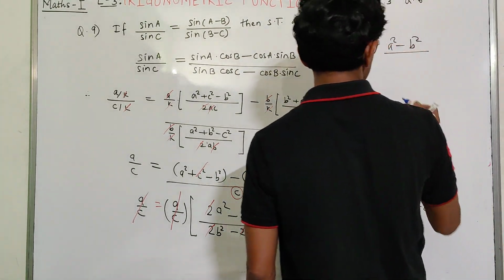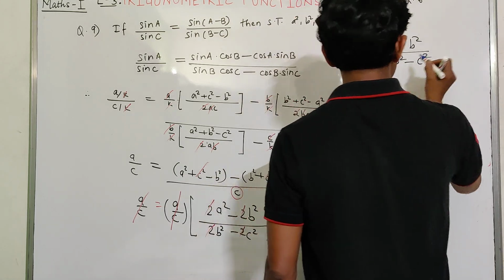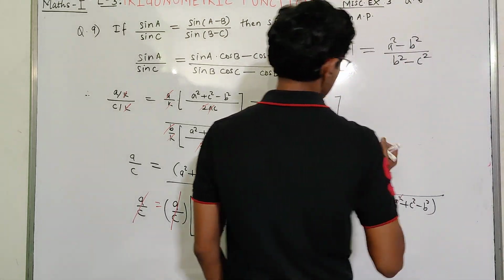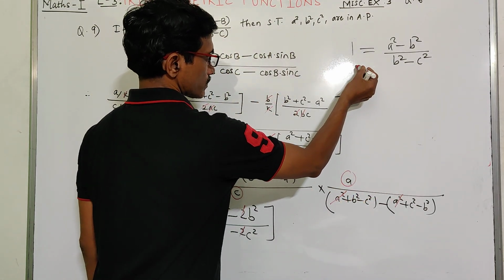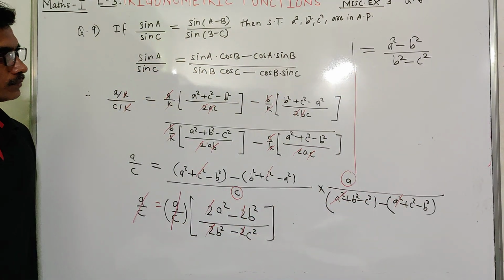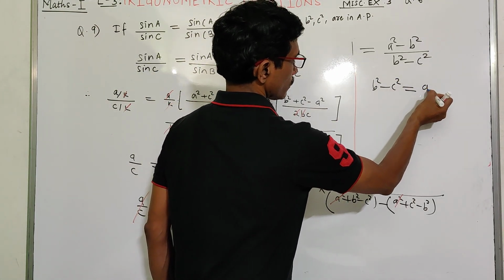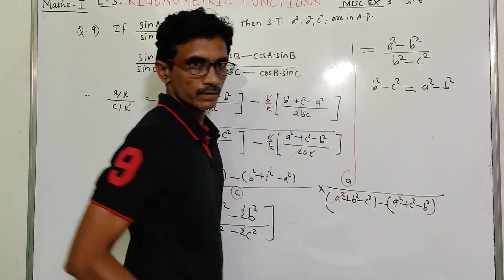We will take cross multiplication. b square minus c square is equal to a square minus b square.